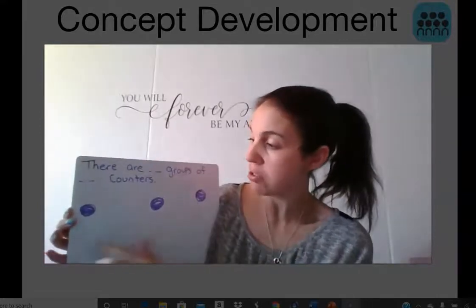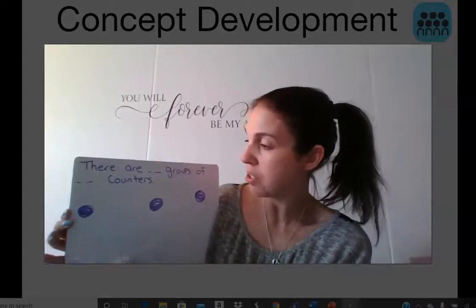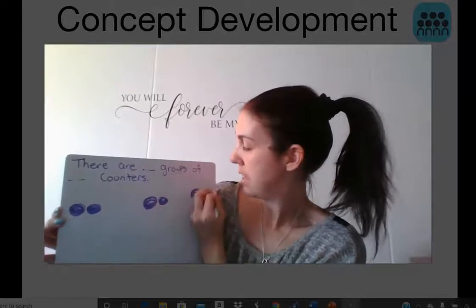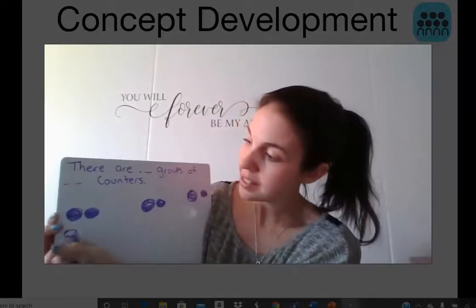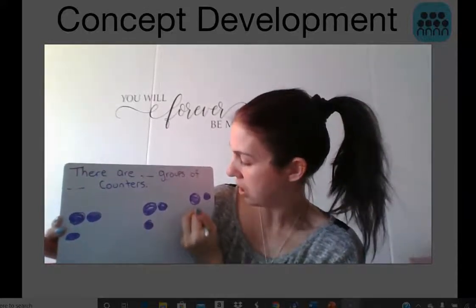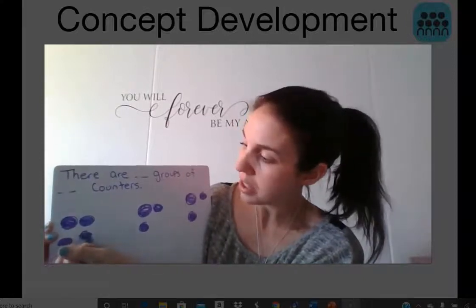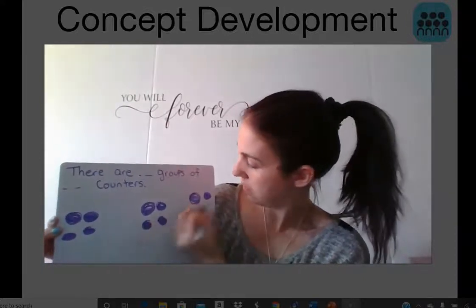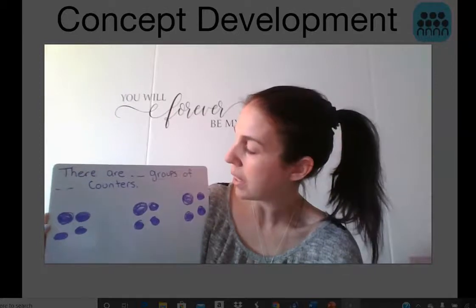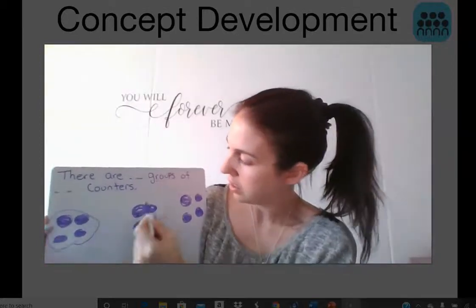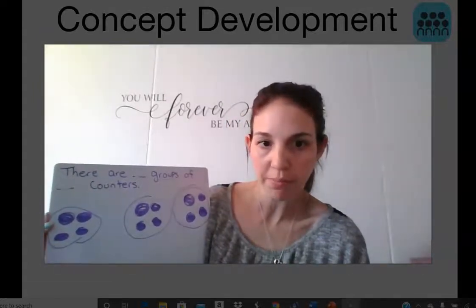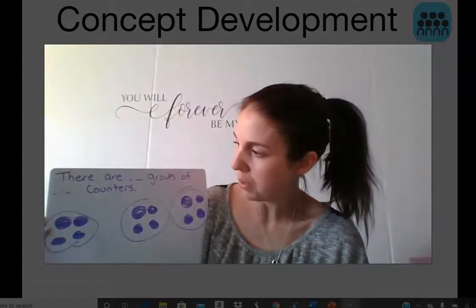So I have 1 counter, 2 counters, 3, 4, 5, 6, 7, 8, 9, 10 counters, 11 counters, 12 counters. Okay, so now how many groups did I make? 1, 2, 3. Made 3 groups, and there's 4 counters in each group, and they are equal.